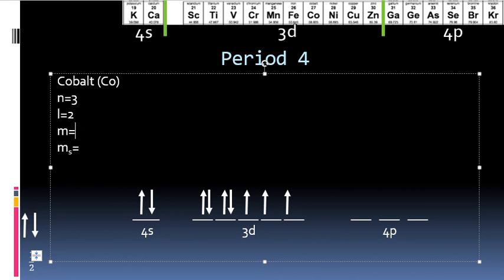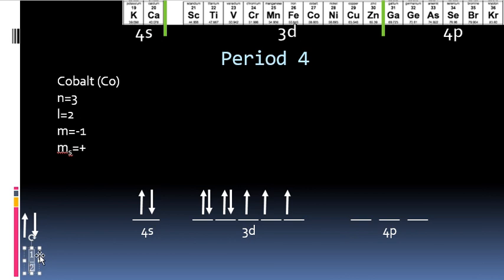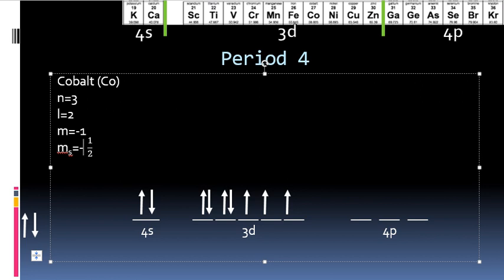Now, going from left to right, the first d subshell will be -2. Our final electron is in the second subshell, so its value would be -1. And then since the spin is downwards, its electron spin quantum number is going to be -1/2.